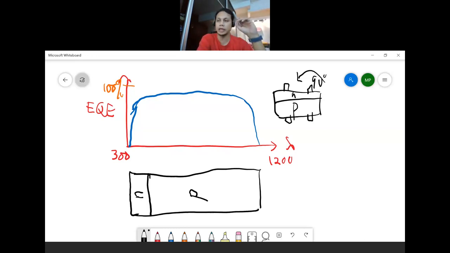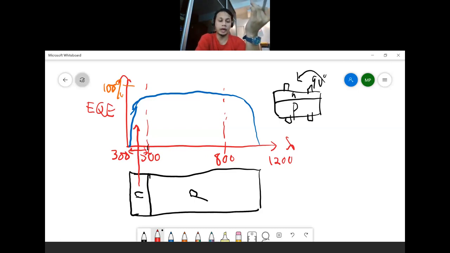So the wavelength yang you ada on the x-axis ni, you can actually correlate with the depth of the solar cell. So katalah this is for example 500, this is possibly 800. Whatever you have in the QE results between 300 to 500 nanometer actually reflects the collection probability on the front side of your solar cell. In this case, it's your N-type emitter collection probability, right?